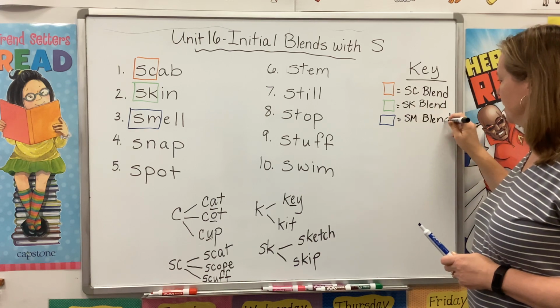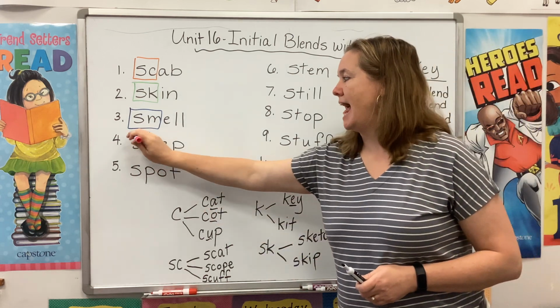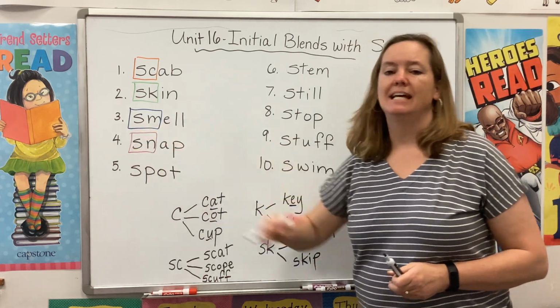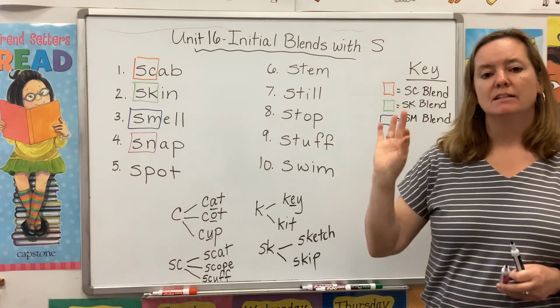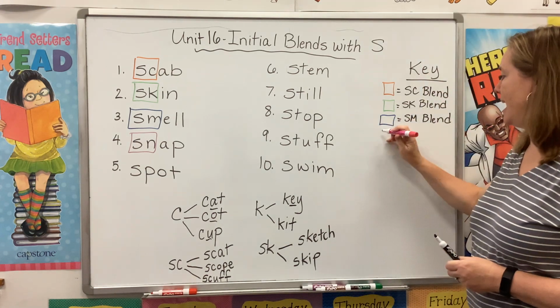Moving along, we also have an SM blend in the word smell or smack or smile. That's a good one to know. We have an SN blend in the word snap. We're blending the S and N together.